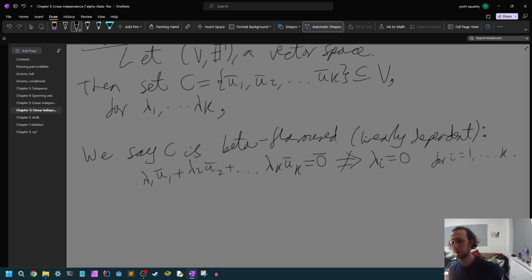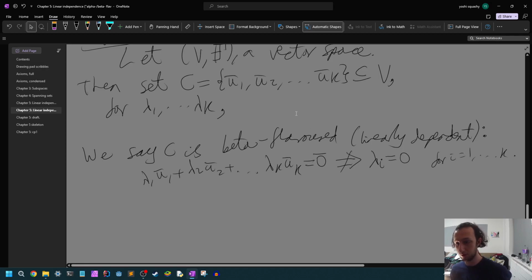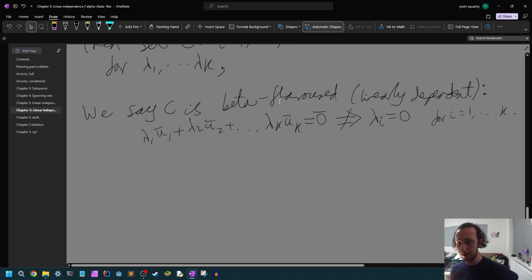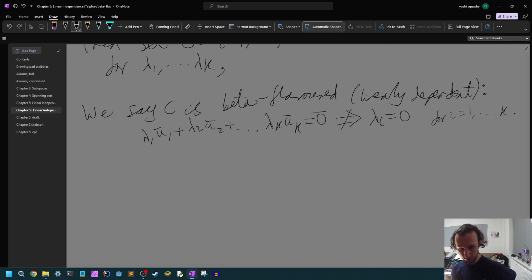So i could be any of the 1 to k, so any of these lambdas basically. If we can show that it does not imply, that essentially means we'll find one of these lambdas is not 0 when this is true. So adding them up gets a zero vector, but one of the lambdas wasn't 0. In other words, a non-trivial solution, hence why I covered that in an earlier theorem or corollary.